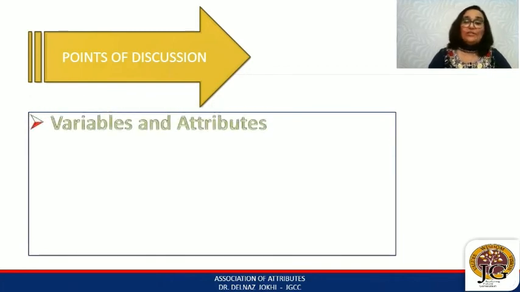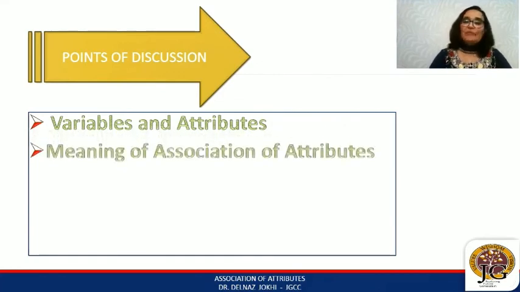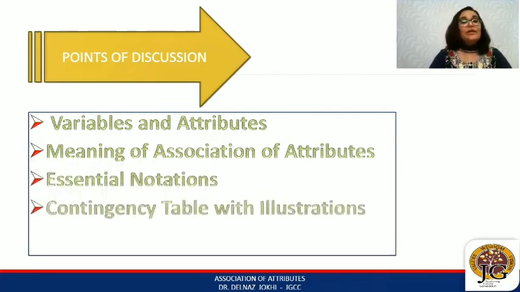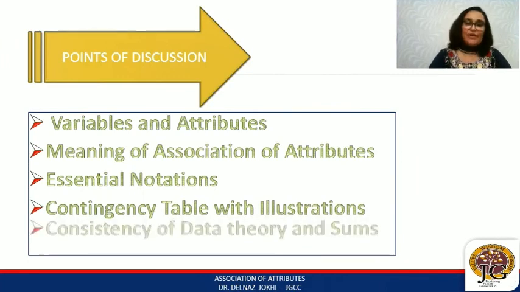We understood what a variable is and what an attribute is. Quality and quantity. Quantity is variable, quality is attribute. Remember Mr. Smiley, we had done that at the start? Very good. Then we saw the meaning of association of attributes. We learned the essential notations, A, alpha, B, beta, AB. How to make a contingency table, and we saw its illustrations well.